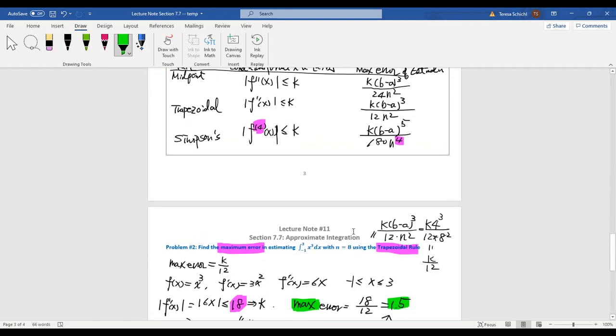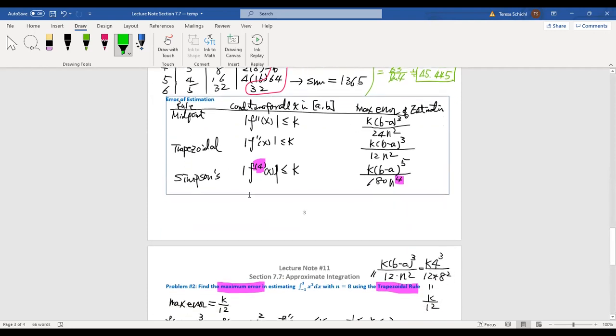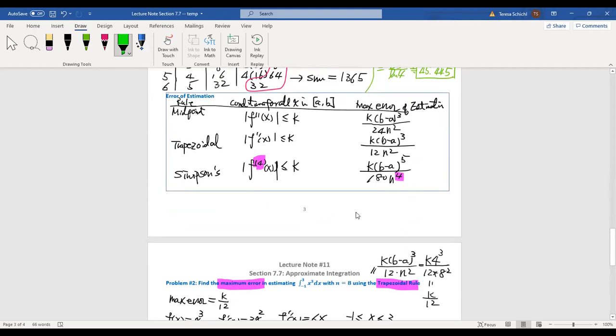Depending on the subintervals you choose, the error of the estimate will be bounded by this maximum error. The real error will probably be a lot smaller than the maximum error. This is the table and these are the formulas for each test: midpoint, trapezoid, and Simpson's. That's it, we finished this lecture.